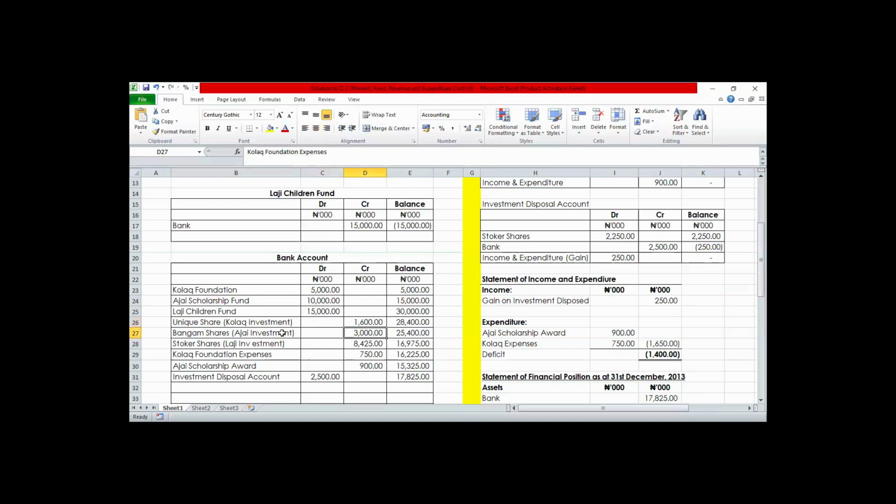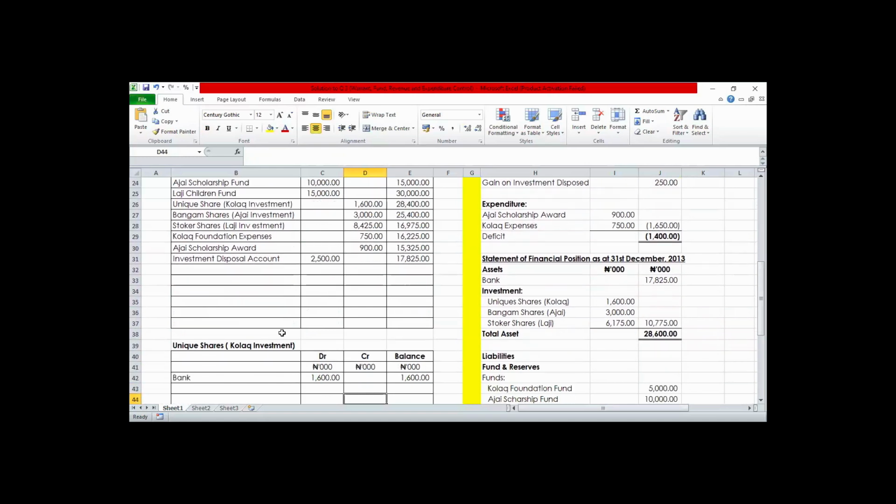That one is 3 million. They bought Stocker share for Laji investment. That one is 8,425,000. Is it clear? We also create an investment account for each of those investments.